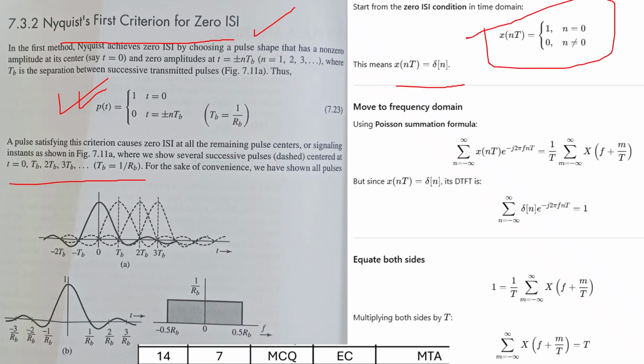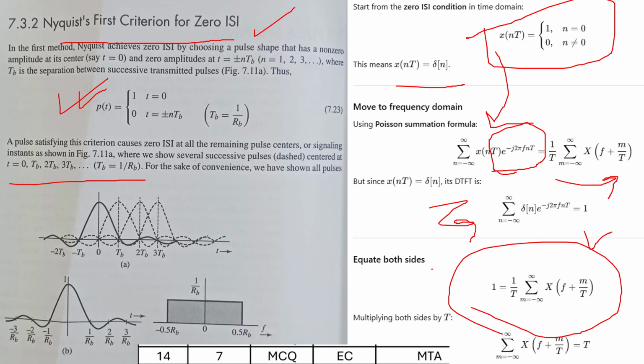Here x(nT) is given, and if we move from time to frequency domain, then in the time domain you are sampling at this rate and converting to the frequency domain, that will be X(f - m/T), and further we take the Fourier transform of the delta function, that is the DTFT, the discrete-time Fourier transform. So this will be equal to 1. Equate both sides and you will get this condition. So here all options are correct.